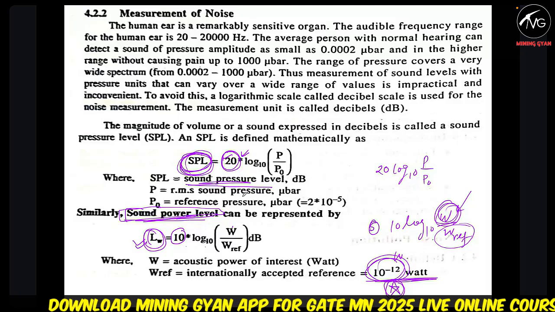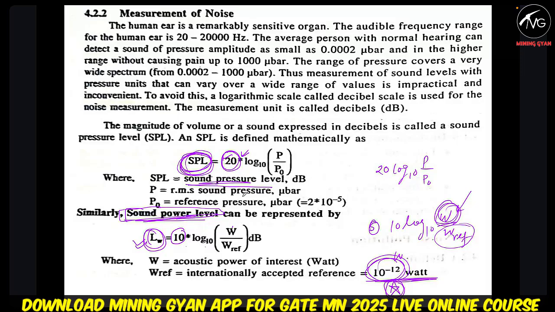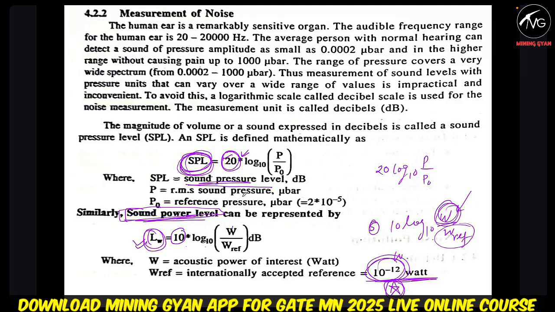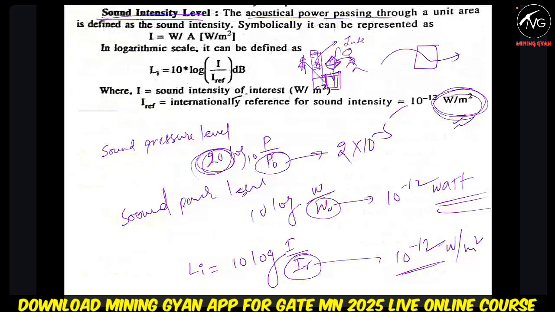This is the first task. Then, if a question is required, we will discuss each and every question of your AK Gorai, and it will definitely help you in the examination. Just focus on AK Gorai and complete it. Do not think about what will come, how it will come, why it will come. Just complete AK Gorai, and whatever class Mining Gyan organizes for you, take that class seriously.